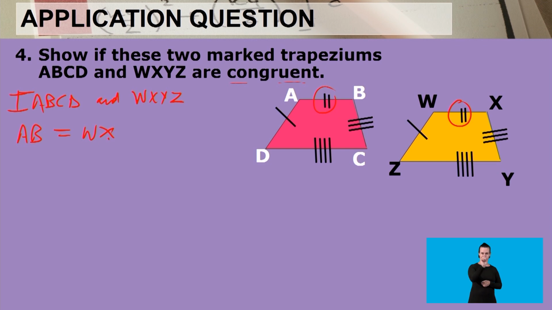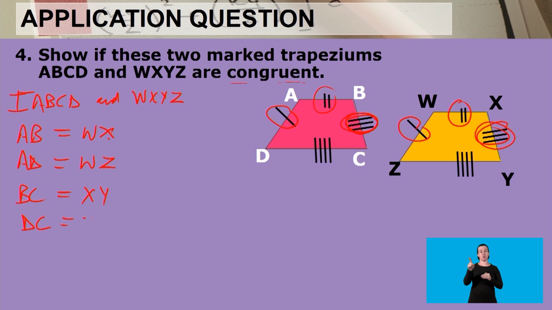Then the next marking is that one, which is AD equals WZ. The next marking would be BC and XY, so BC equals XY, and the last side would be side DC equals YZ.